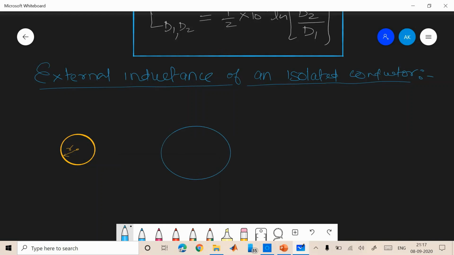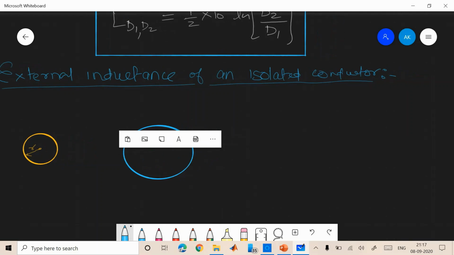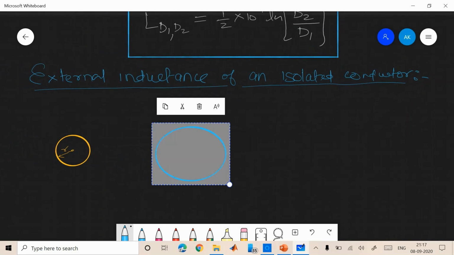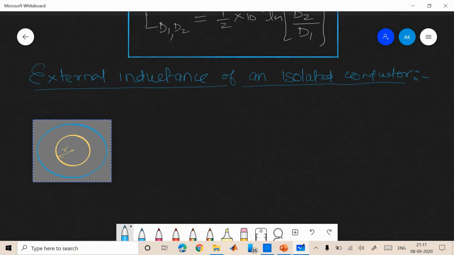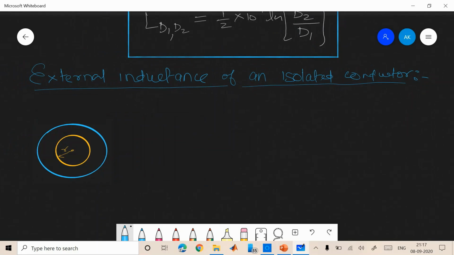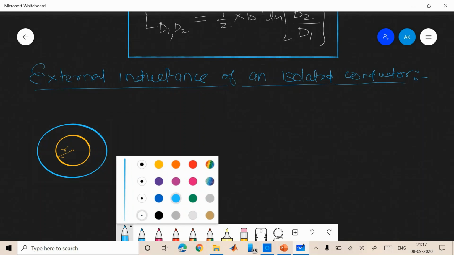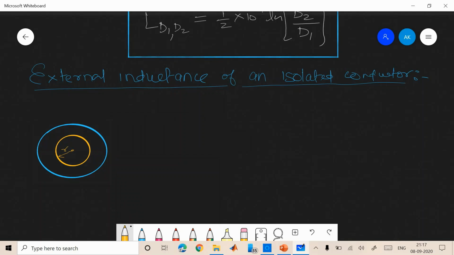get external magnetic flux linkage or external inductance at some point, D. Suppose this is point D. So you have learned how to write inductance between any 2 points.